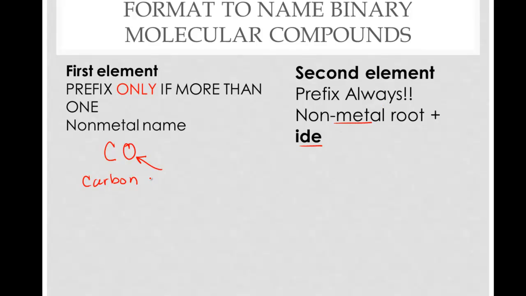So for that second element, there's only one oxygen, and then I will use the root of the name with IDE. And because there are two O's right beside each other, I can eliminate one of those O's and just say carbon monoxide rather than carbon monooxide.